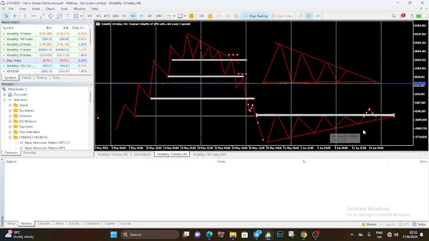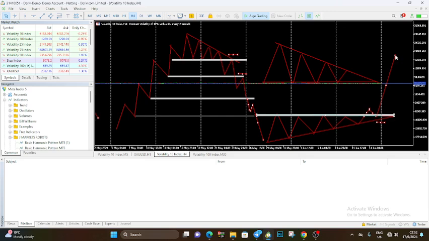Then the market breaches this level, nullifying all this. So right now I'll know that the market is about to go up all the way. So then I would again put my stop loss right about there and enter for buys. Simple as that, guys. This is what price action is all about.